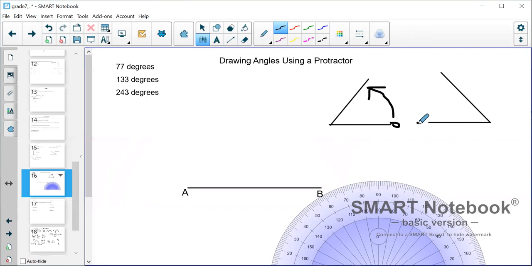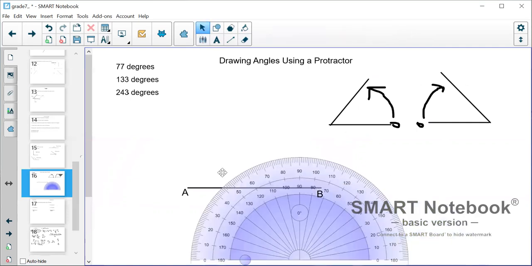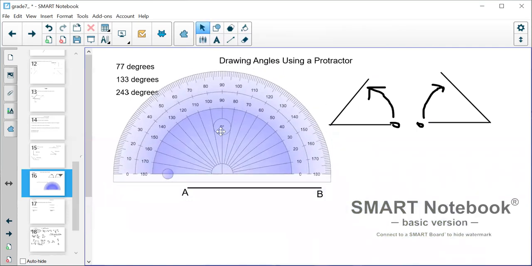For this one, 0 would start from here and you increase as you go in that direction. That is why we have these measurements on the protractor this way. So if we are drawing angles from A, the 0 is on the right-hand side, which is the inner measurements. So we have to use the inner measurements when we draw angles from A.